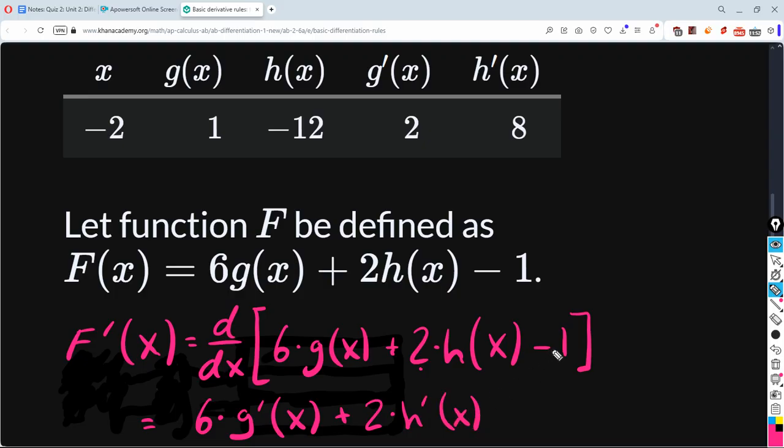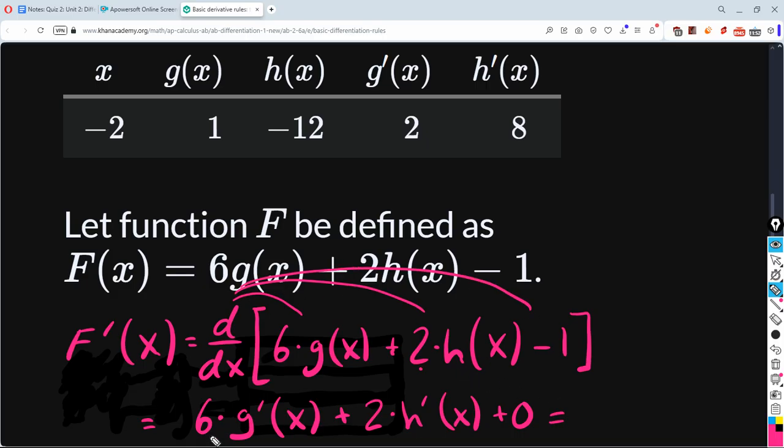All right, the derivative of the constant term, negative 1, that's just 0. We said the derivative of a constant is 0. So we basically just took the derivative of each term in the polynomial individually.